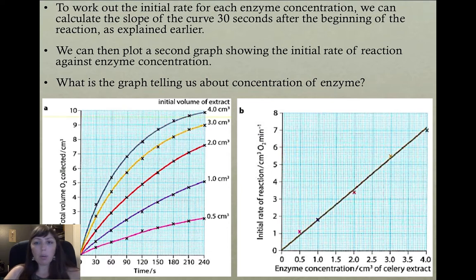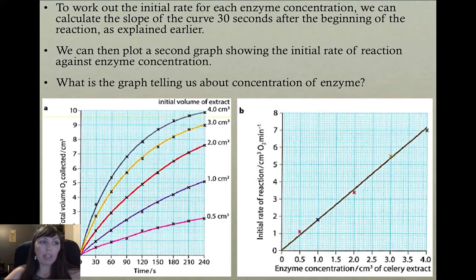So really what we're seeing is just what we'd expect, that the higher the enzyme concentration that we have, the quicker the initial rate of reaction, the more oxygen, and you can see here it's per minute. Okay, so the original graph is in seconds, and then this one they converted it to minutes.